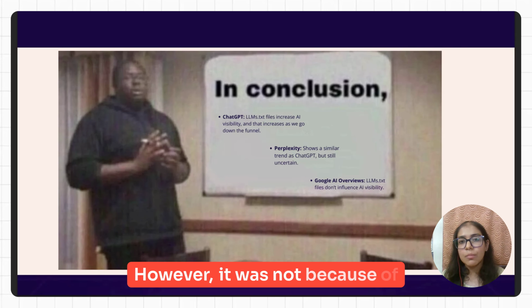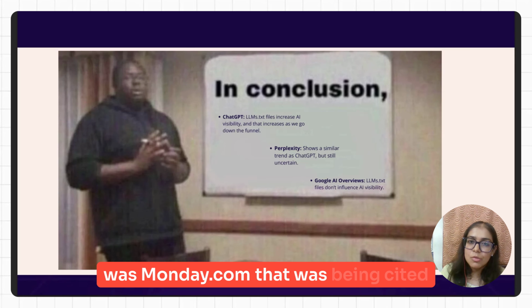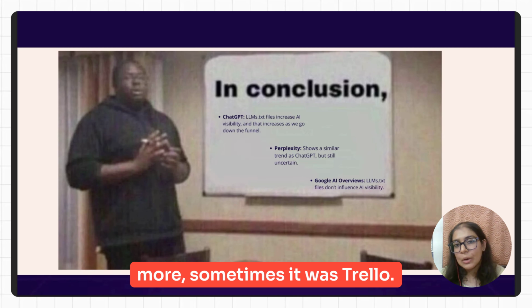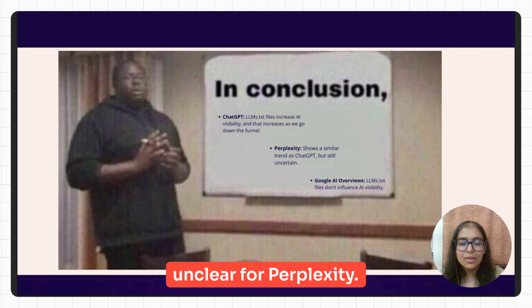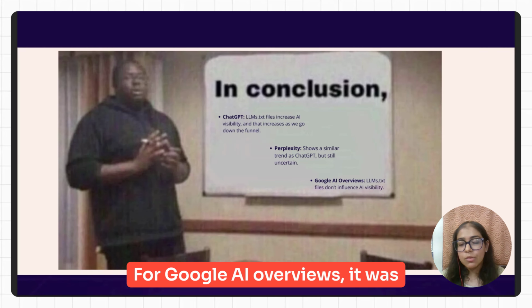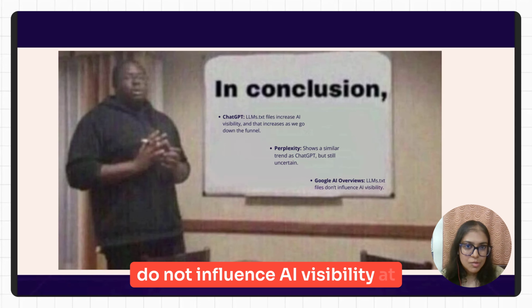However, it was not because of llms.txt files, because sometimes it was Monday.com that was being cited more, sometimes it was Trello. So that relation is still hazy and unclear for Perplexity. For Google AI overviews, it was extremely clear that llms.txt files do not influence AI visibility at all.